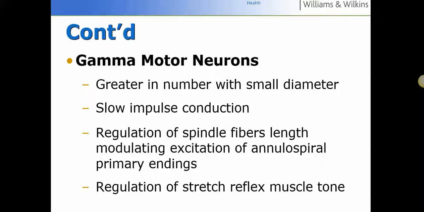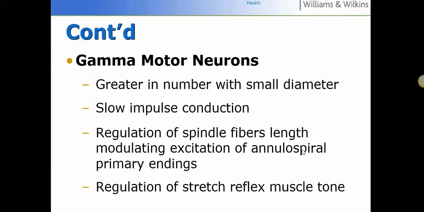And then you have the gamma motor neurons, which are greater in number with smaller diameter. The impulses are very slow. That's how they conduct the sensory impulses, and it helps in regulation of spindle fiber length, modulation, and excitation of annulospiral primary endings.